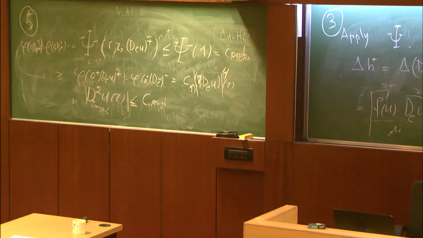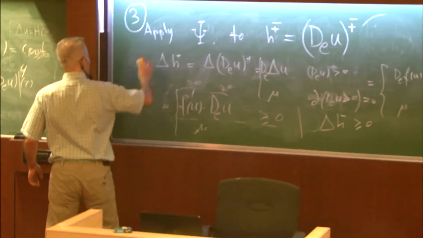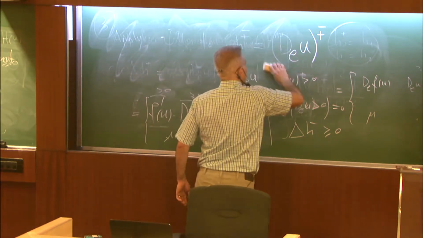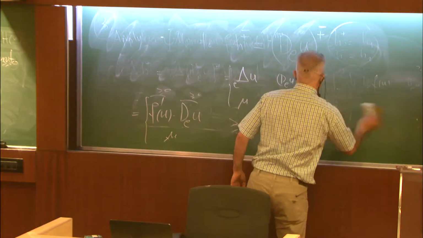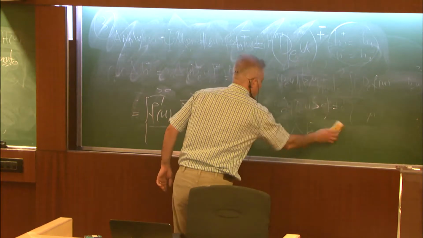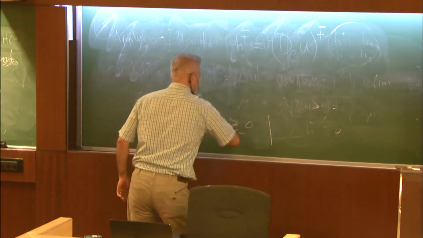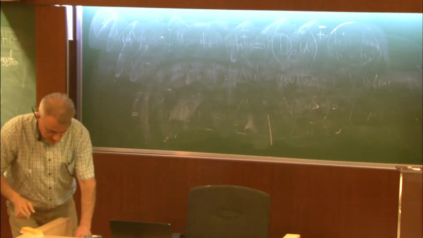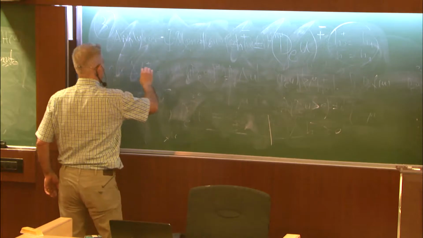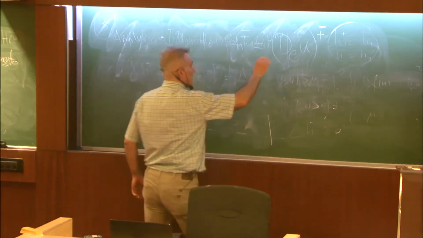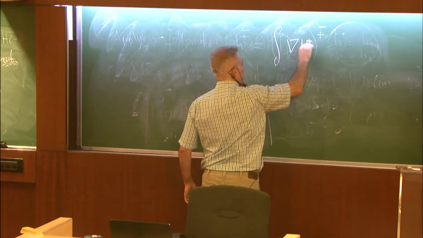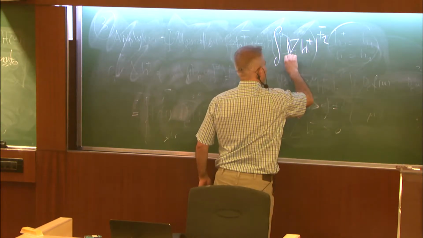So let's see what the idea behind the proof is. The monotonicity formula is saying that for this function h, we need subharmonicity. So let me write it for you again: gradient of h plus to the power 2.